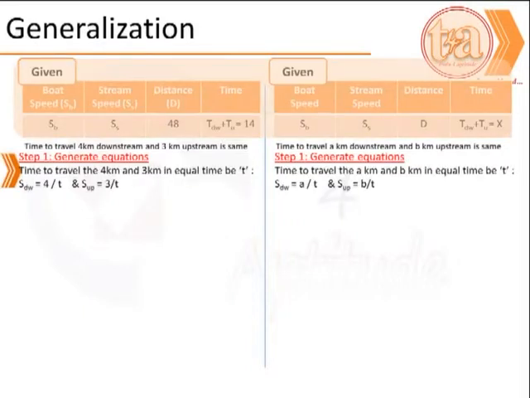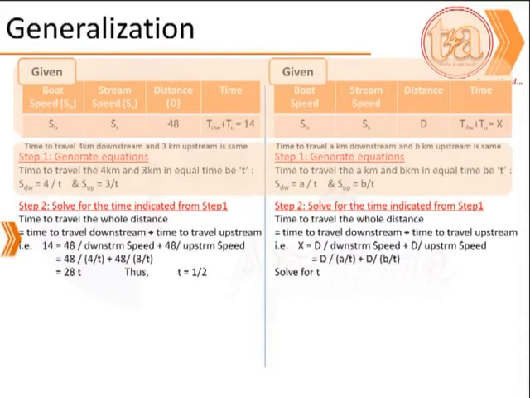We next form the equations from the information given for the speed downstream as A by T and speed upstream as B by T. We next begin with the information for the total time, that is the total time to travel downstream plus upstream is X is equal to the distance one way divided by the downstream speed plus the distance one way divided by the upstream speed, that is X is equal to D by (A by T) plus D by (B by T). Then solve for T.